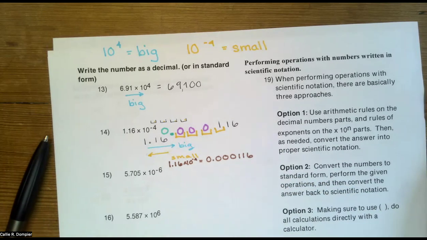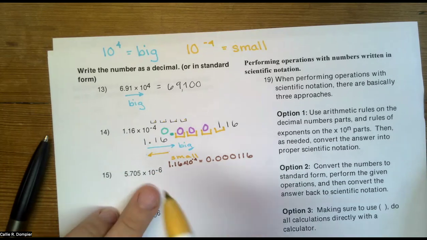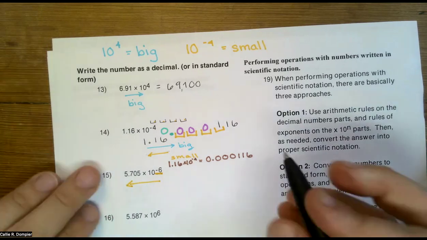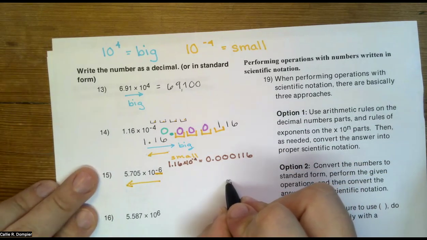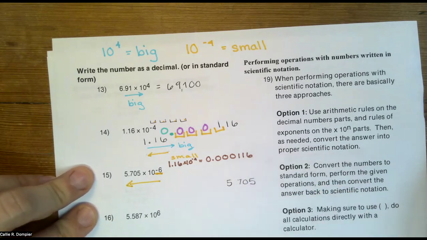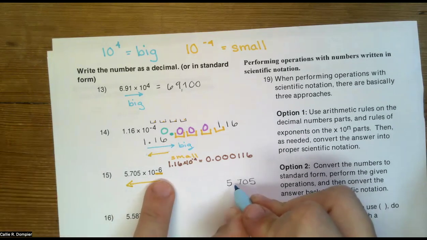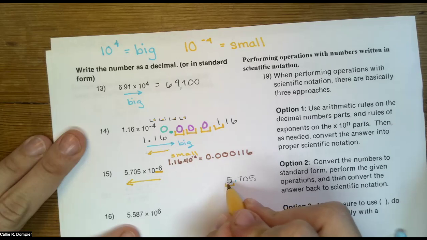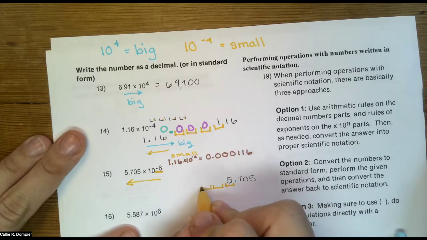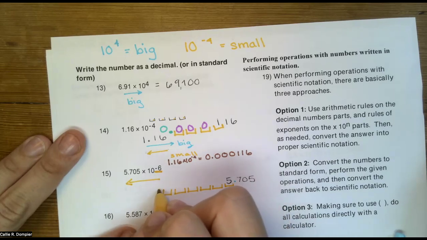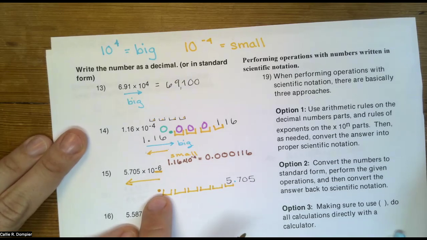All right, again, we have 5.705 times 10 to the negative 6. Again, a small number because that's a negative sign. So we're going to go backwards. We have 5.705. It started here, and we need to go back 6, right? It was there. We're going to go back 1, 2, 3, 4, 5, 6. We're going to end here after the 6th move, all right?